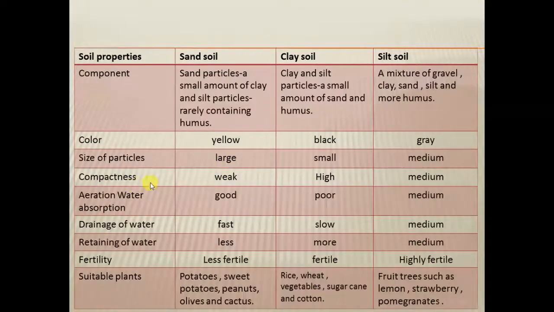So its compactness will be weak. But the clay soil, due to its small particles, will be highly compacted. The silt soil, normally, is medium. It's not highly compacted or weakly compacted. It's medium.